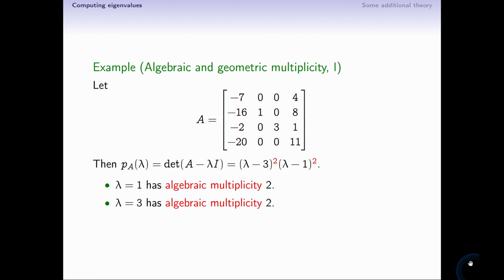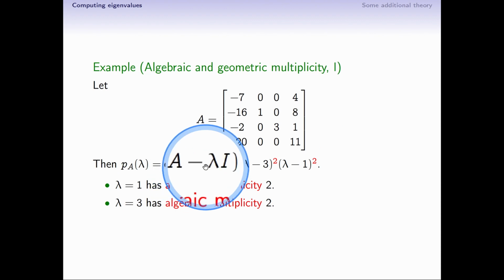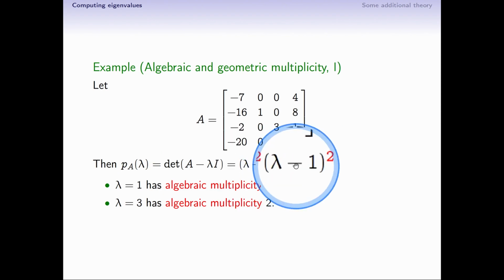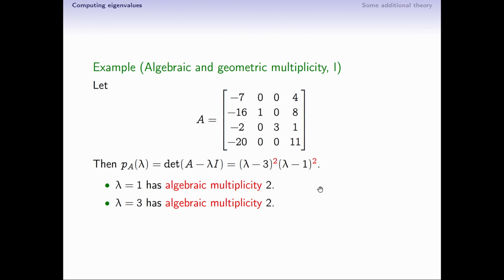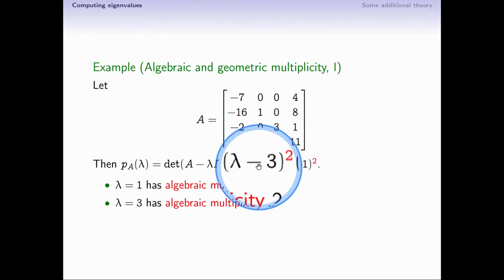So here we have a 4 by 4 matrix A. When we calculate its characteristic polynomial, namely the determinant of A minus lambda I, we see that it factors nicely into lambda minus 3 squared times lambda minus 1 squared. So there are only two eigenvalues for this matrix A, namely lambda equals 1 corresponding to this factor and lambda equals 3 corresponding to this factor.